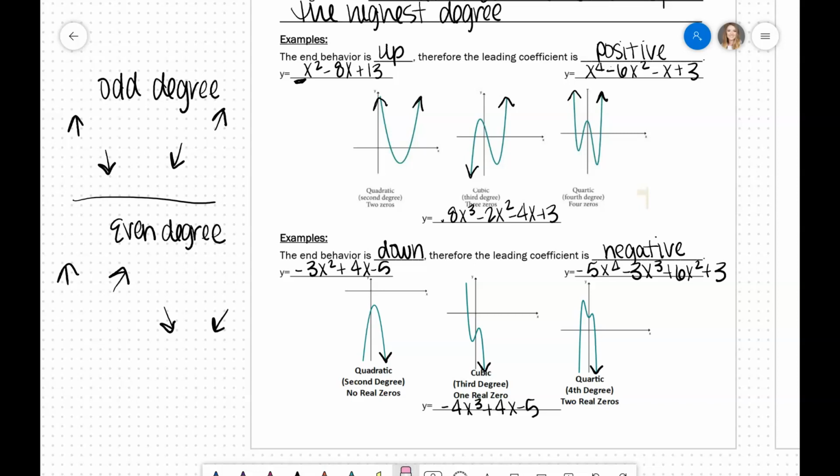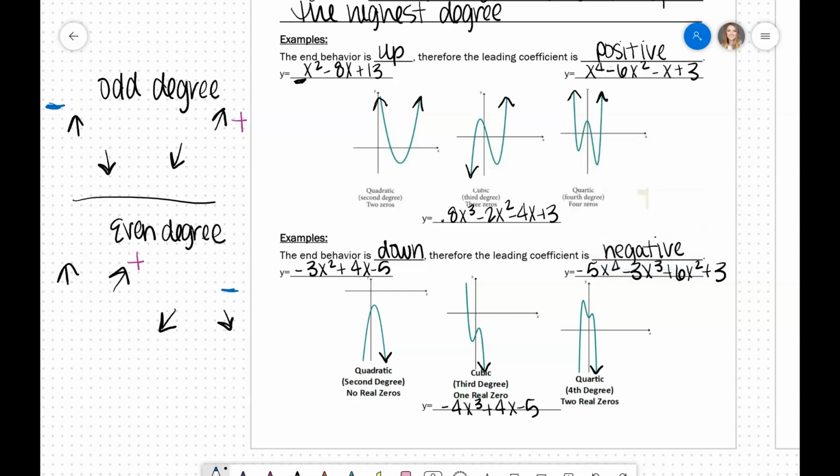Oops, that one probably shouldn't point towards it. I'm just going to redo that one, something like that. Now, if our leading coefficient is positive, they end going up. If our leading coefficient is negative, they would end going down.